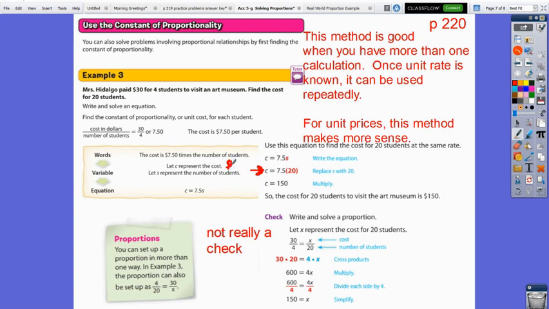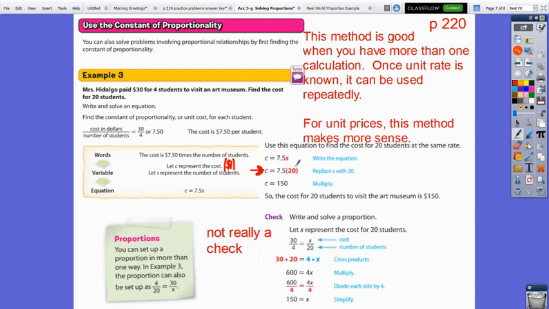Cost is in dollars when you define your variable. So if C is the cost and S is the number of students, then your equation is C equals 7.50 S, since you already calculated the constant of proportionality, and then you substitute in 20 for S.